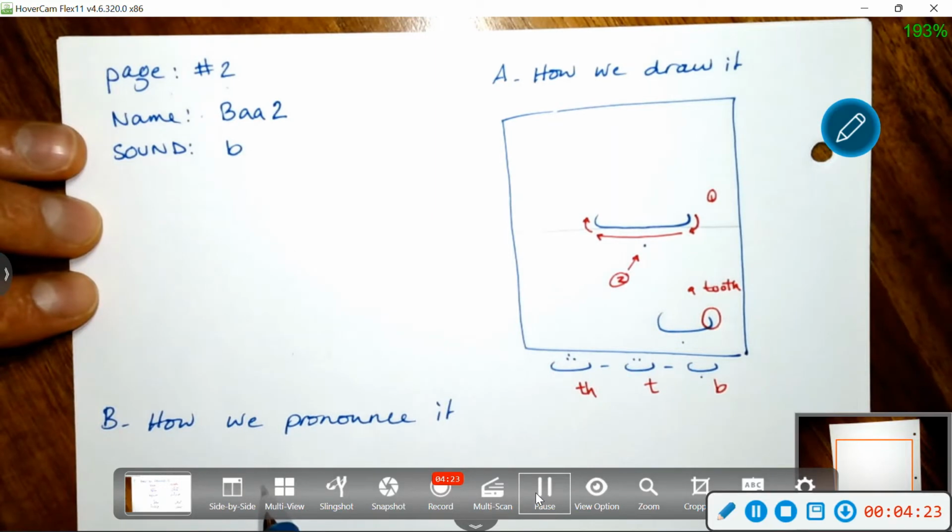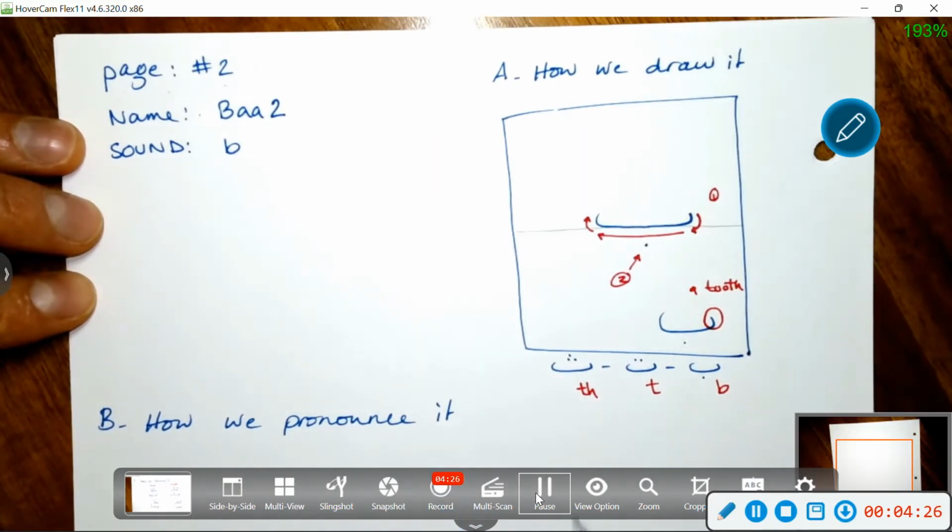Now, how to pronounce the letter Ba? As we said before, we pronounce it with the three harakat: the fatha, which becomes Ba, Bu, Bi, and the red indicates the vowel. So fatha is the vowel A, Dhamma is the vowel U, Kasra is the vowel I. Now with the long vowels, it's pronounced like this.